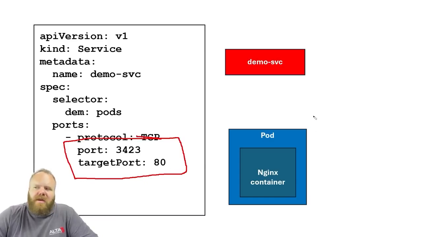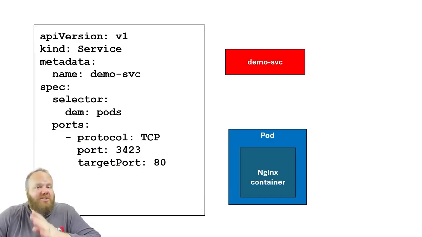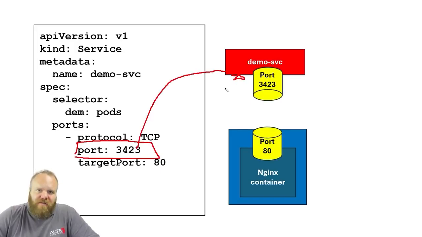Now, the question is what are the meanings of these port numbers that you see right here? Well, target port refers to the port that is on the target. And since we are using Nginx inside of this pod, remember, Nginx's container port is 80. That's written in stone. That's not something that you can change. Port, this value right here, is actually the port on the service itself.